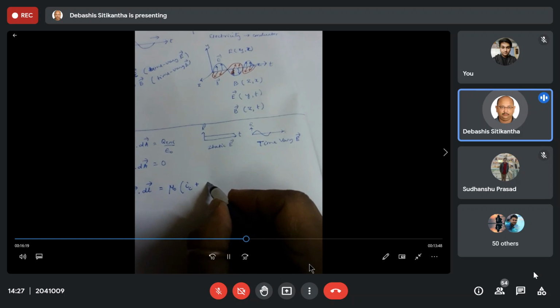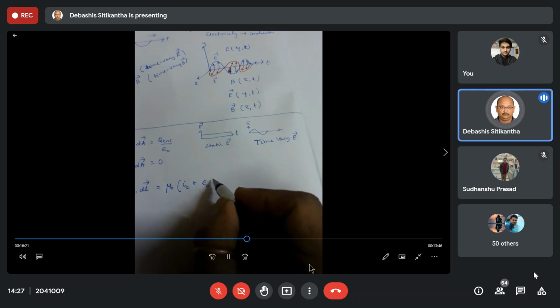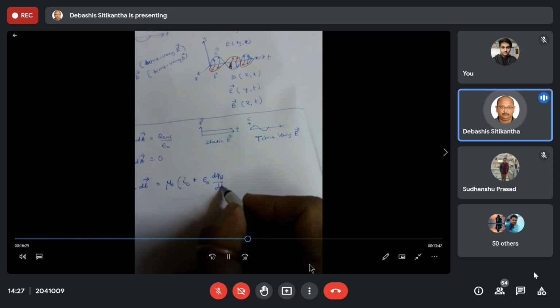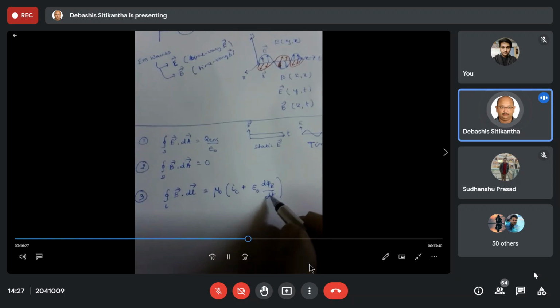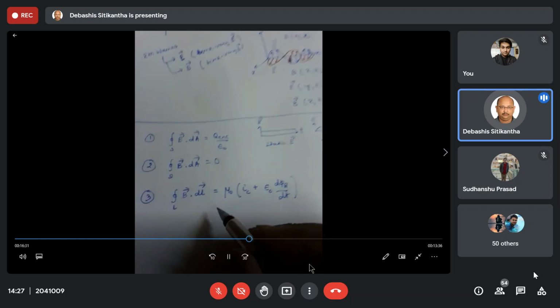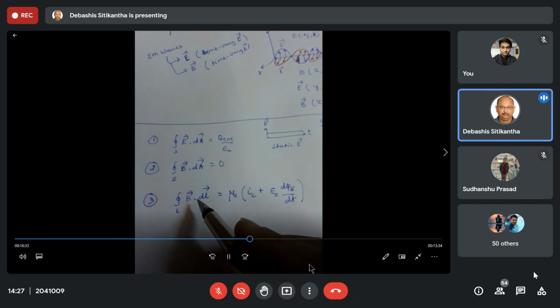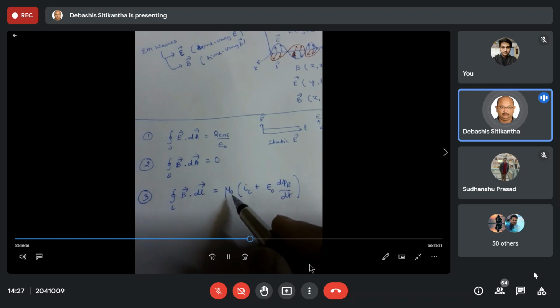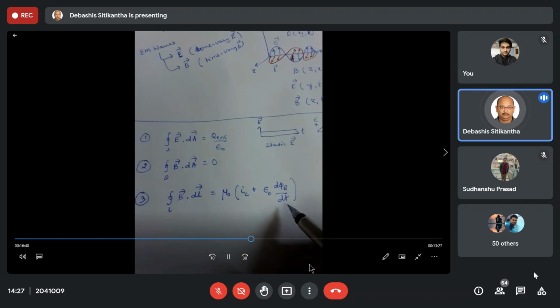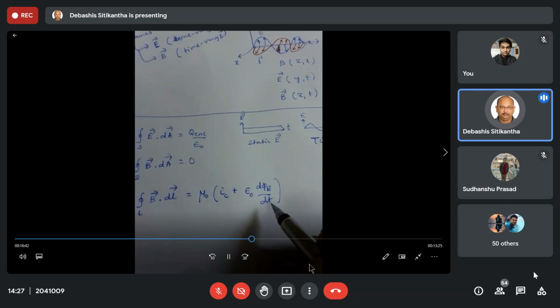ID was equal to epsilon 0 d phi E by dt. So this we have derived, and this is known as your displacement current. So Ampere's law says that B vector dot dl vector is equal to mu naught times (IC plus epsilon 0 d phi E by dt).